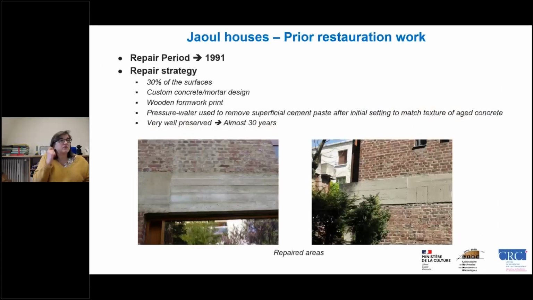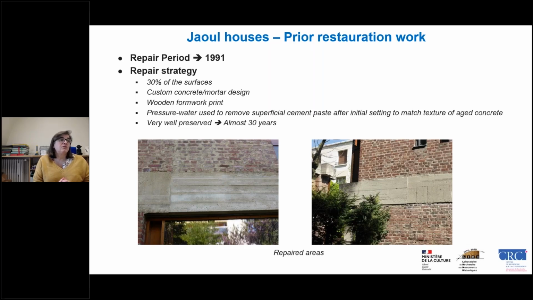So there was a first repair period in 1991, and the repair strategy at that moment was to realize a custom concrete with a wooden formwork print, and pressure water was used to remove superficial cement paste after initial setting.